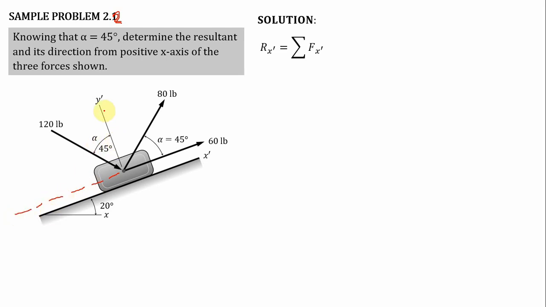Ang i-consider kong axis is x prime and y prime. Di ba x prime ito? So, therefore, x prime yan. Okay, x prime yan. And ito yung y prime. Okay? So, para madaling solvein yung resultant force natin, ang gawin ko lang is kunin ko yung component of forces ng tatlong forces na yan with respect to x prime and y prime.